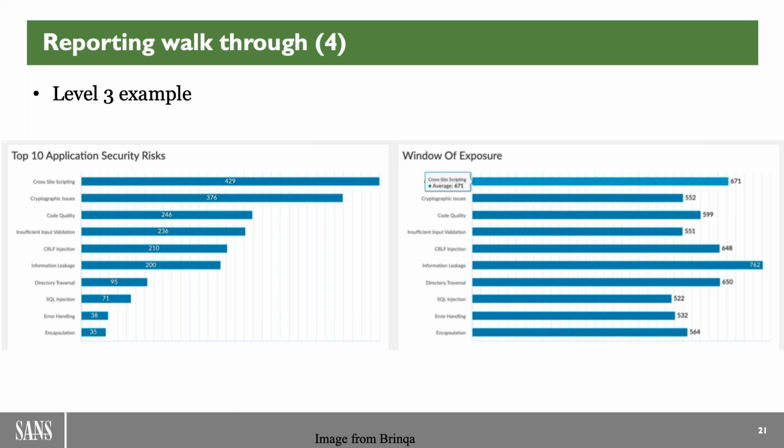And I apologize, on the right-hand side is the window of exposure, where I'm highlighting there's that little pop-up window. It gives you the total number that are there, the 671, besides it being off on the right-hand side as well. It gives us that information, but I can see how long I've actually had this problem in my environment. So the average window of exposure is 671, in this case, days. I can start to get context around this.